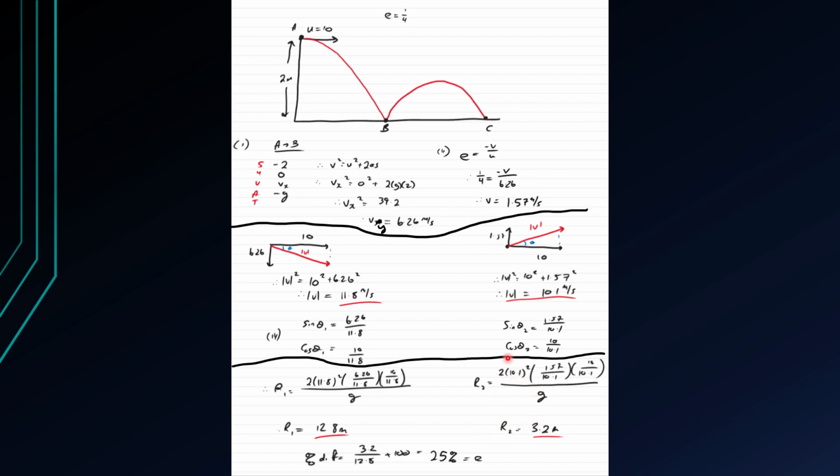If you've taken half the range, then it'll be 3.2, or half of 12.8. So you actually end up with twice the coefficient of restitution in that case. But it's still a nice representation of finding the coefficient of restitution given the ratio of the 2 ranges.